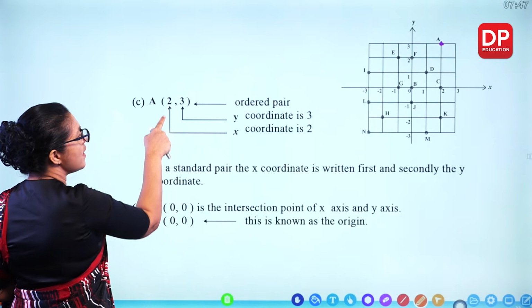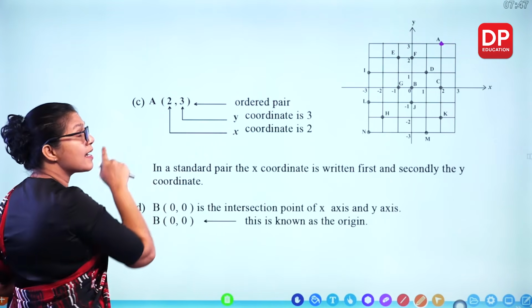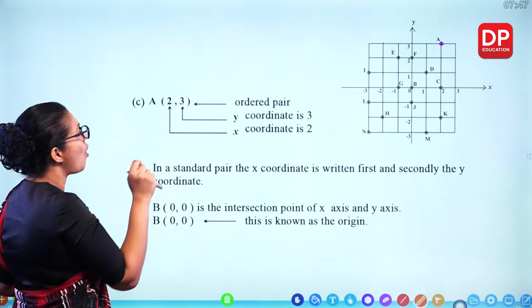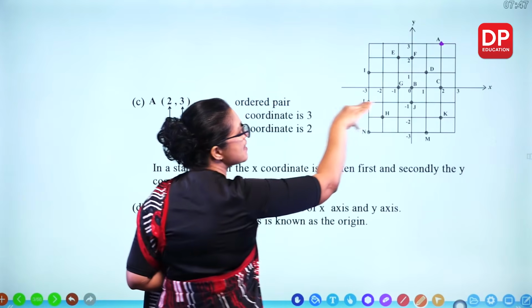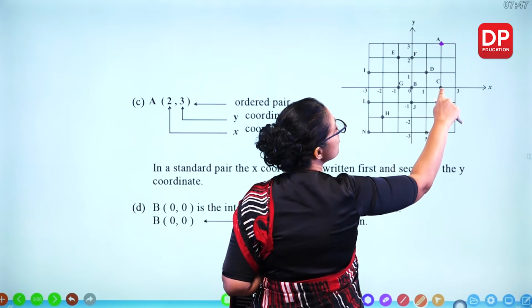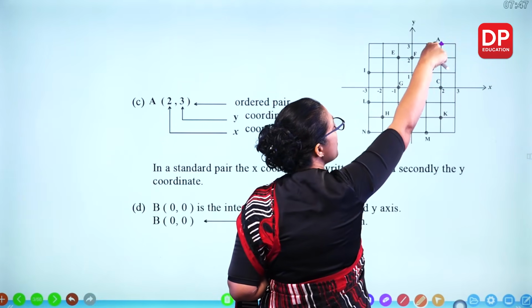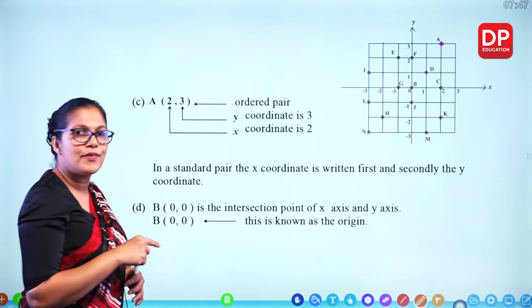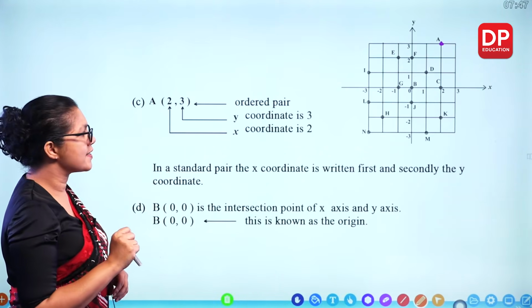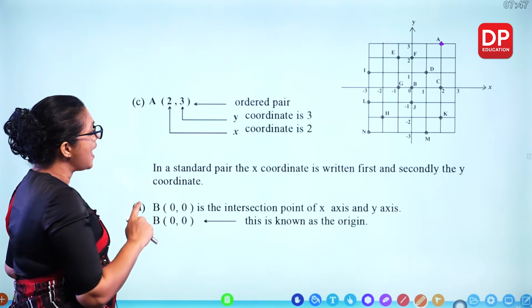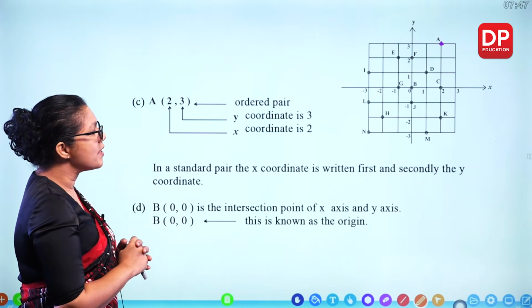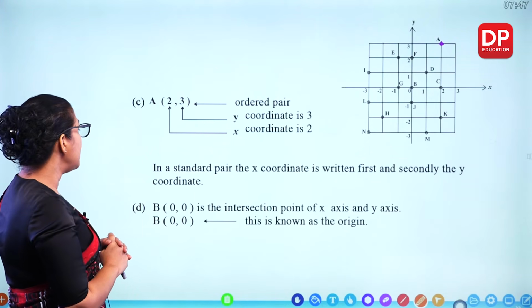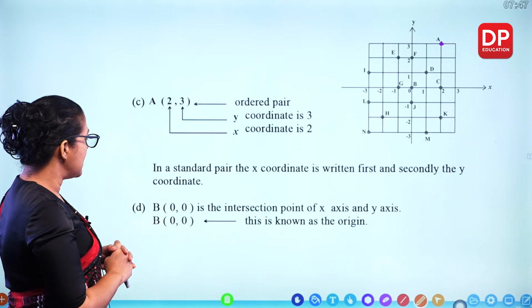First we write down the x coordinate, and the second one is the y coordinate. Look at the x-axis: 2 squares to the right and 3 squares up. So we write (2, 3). Always x first, and secondly the y coordinate.